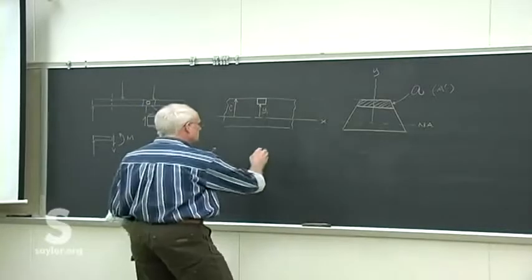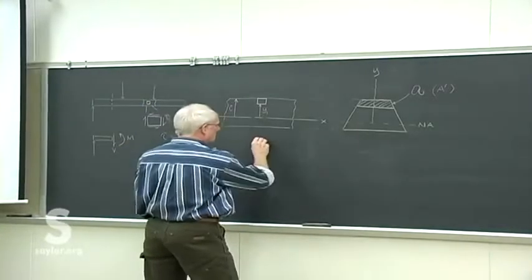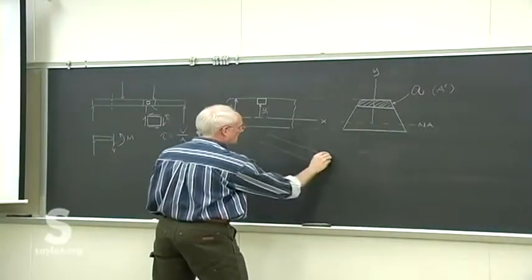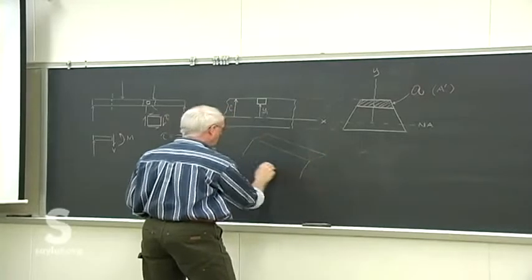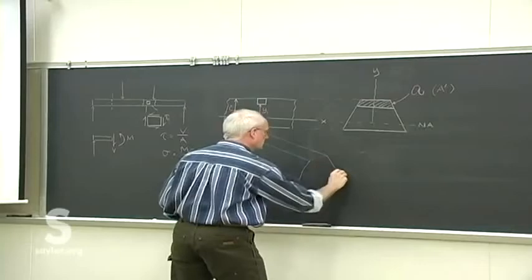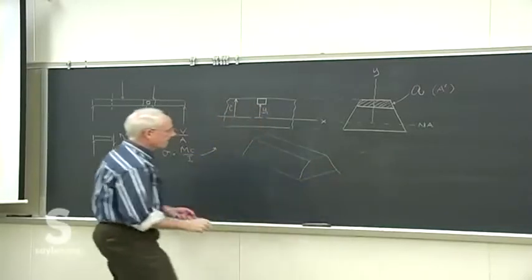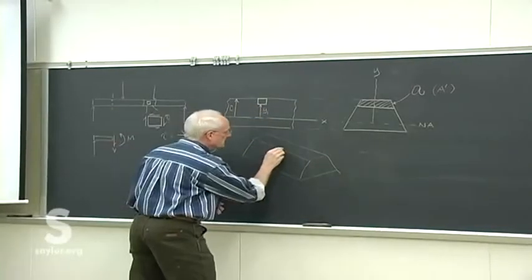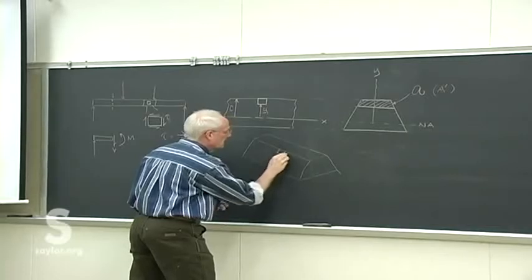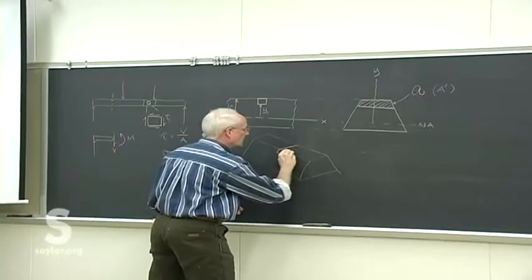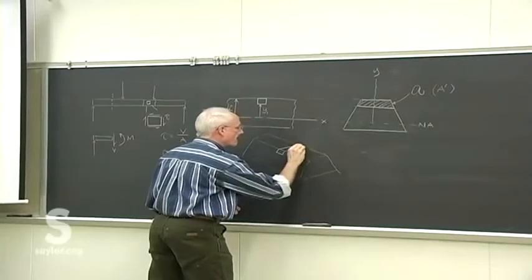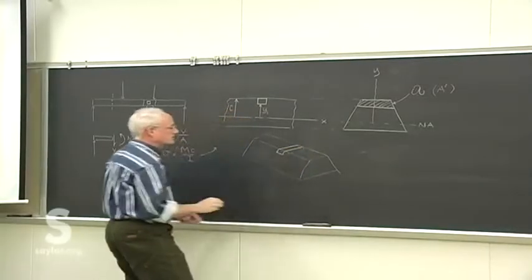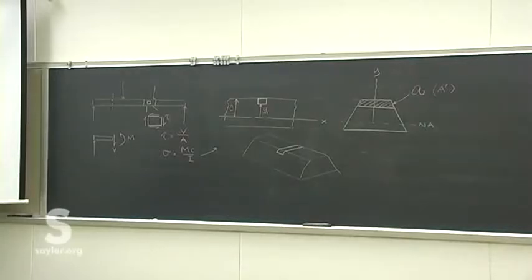So we've got this. Now if we look at it in perspective, we've got this little piece here that runs all the way across the beam. And that's the elemental piece we're interested in.